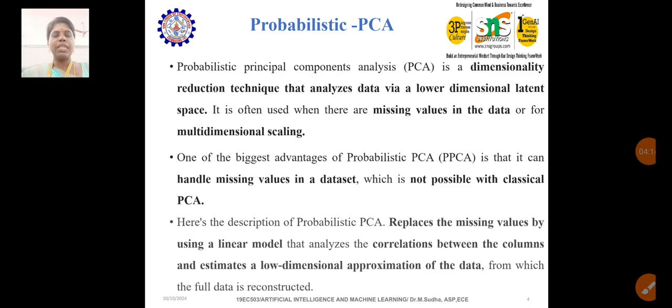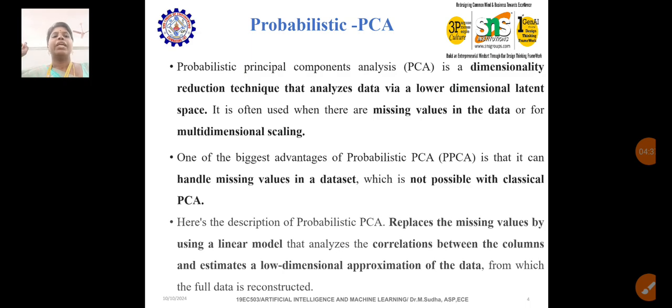One of the biggest advantages of probabilistic PCA is that it can handle missing values in a data set. That is foremost important, because in a data set some data may be missing. Such missing data is also handled by probabilistic PCA, which is not possible with classical PCA.